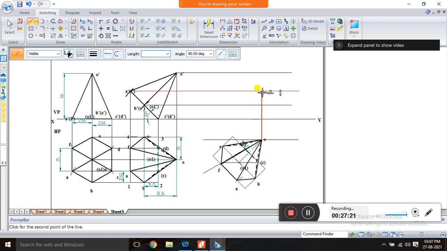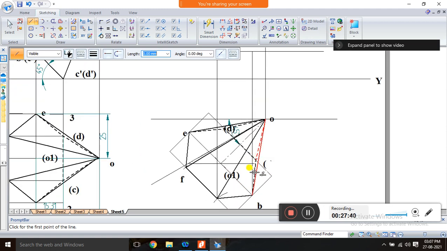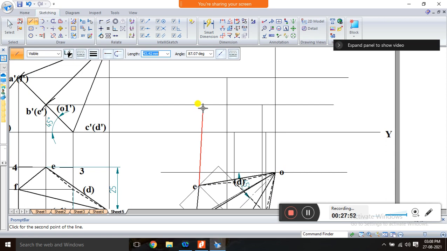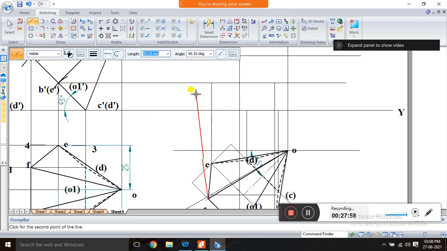So O is here and O dash is here, then A is here, okay, and A is here, then B is here. Use your scale, and with respect to B, B dash, intersection of B, B dash, and C, C dash, then D, D dash, then E, E dash, lastly F, F dash.